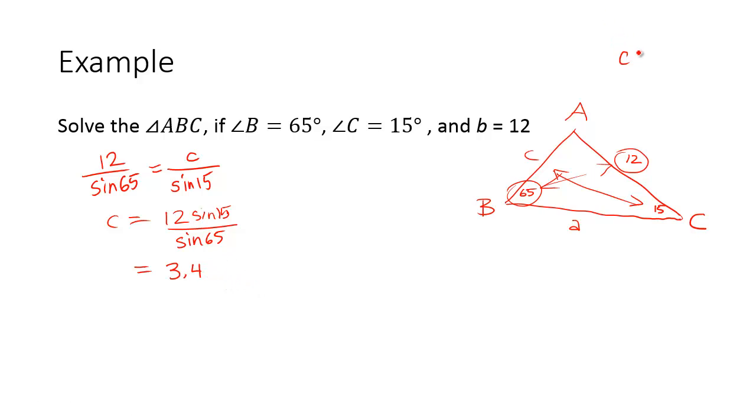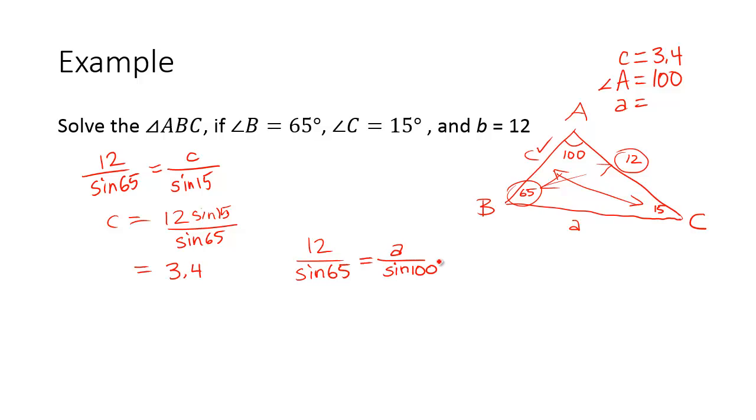So that was one of our missing sides. c was 3.4. We also know that angle A is just going to be 180 take away 65 and take away 15. So that's 100. We know c, and so now we just have to find little a, and we can do that with another proportion. So we know 12 over sine 65, and then we also know a over sine of 100.